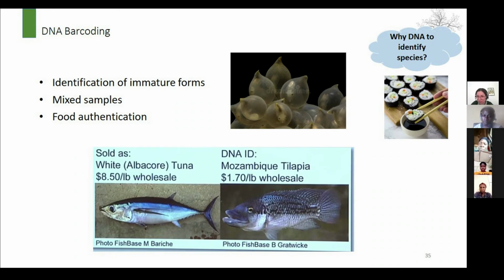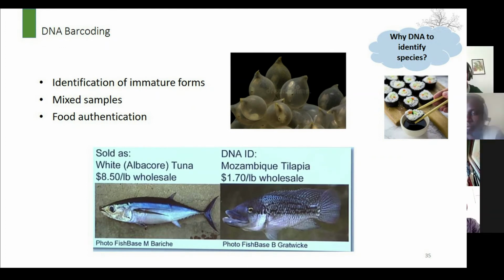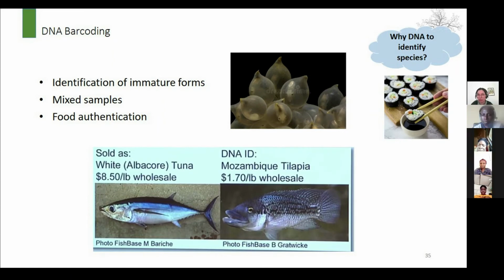So another applicability, for example, is the identification of very immature forms, for example eggs or fishes or mixed samples, or even for food authentication, since you just need a little bit of material for the DNA isolation.